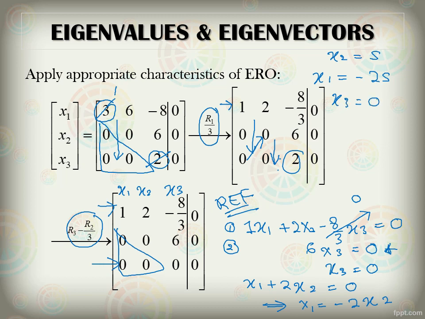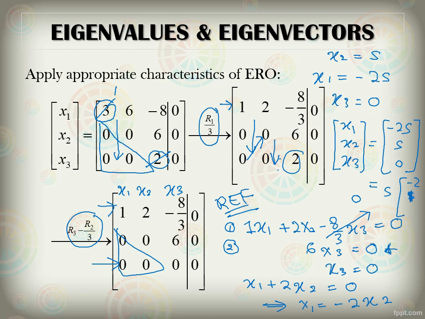So if you rewrite this as the solution for your unknown x1, x2, x3, what is x1? x1 is minus 2s. What is x2? x2 is s. What is x3? x3 is 0. So you can factor the s out, so that you have the eigenvector minus 2, 1 and 0.